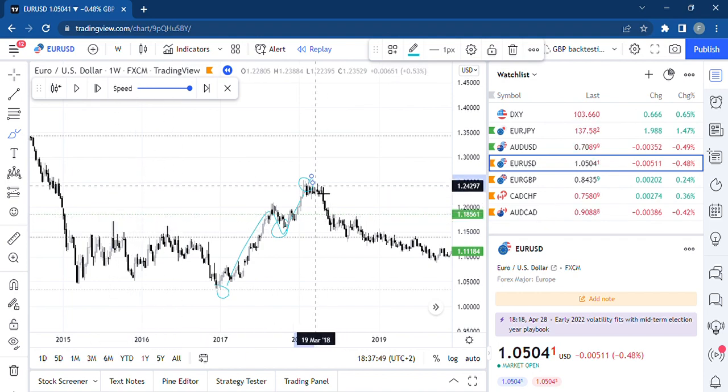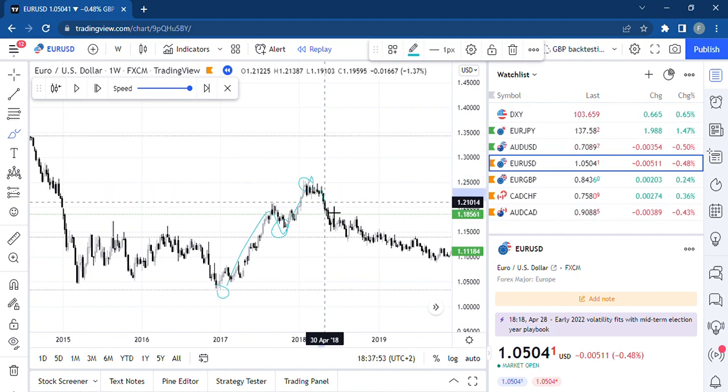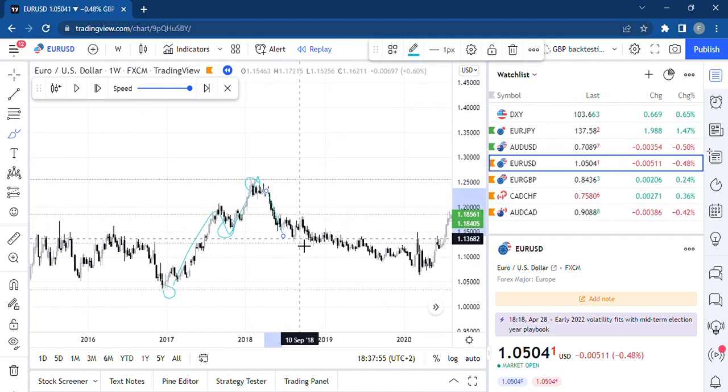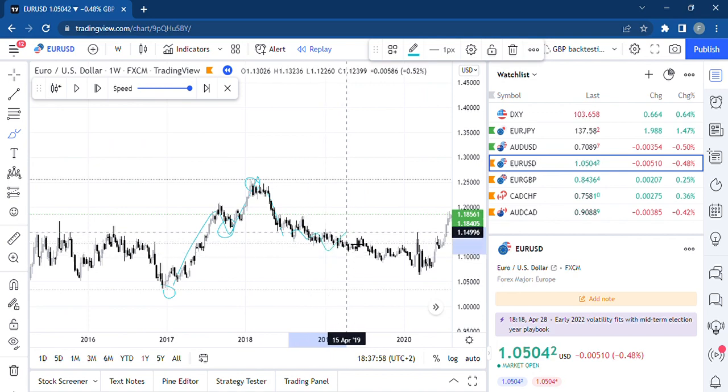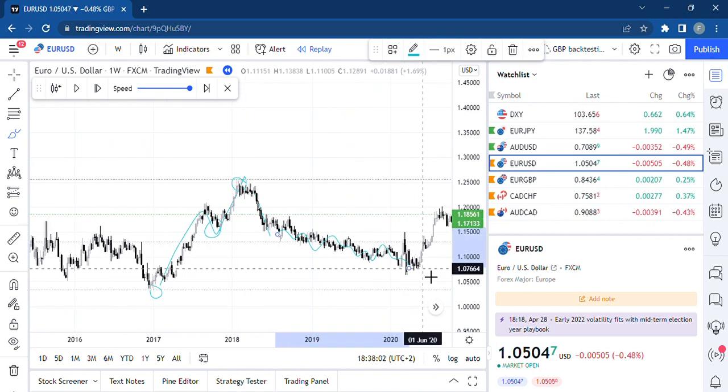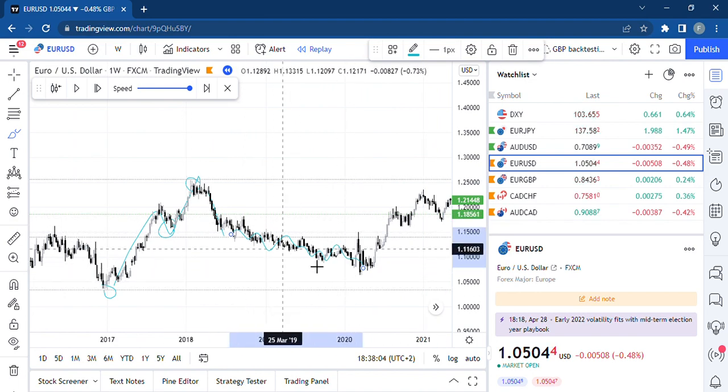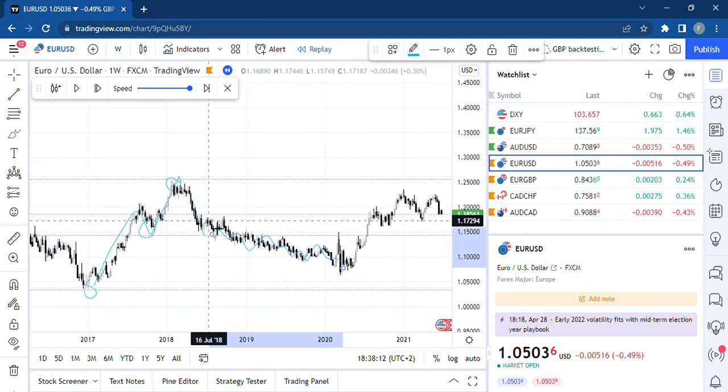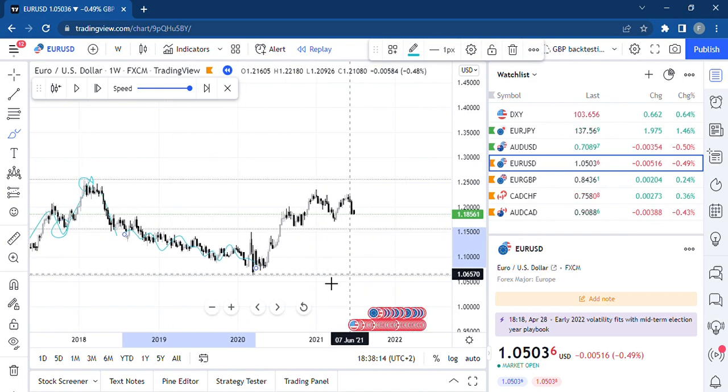Yeah, high, but we're coming back down. We're creating lower highs and lower lows because we are in a downtrend, right? We are in a downtrend, even though it's a corrective downtrend. But we'll go deep into that in the other videos. But we are in a downtrend from this point, right?